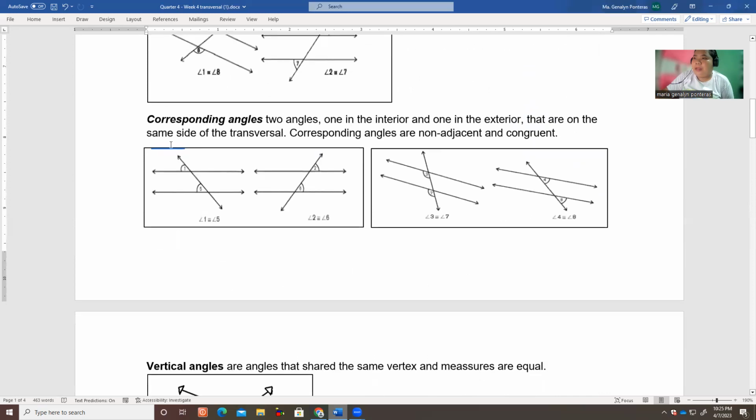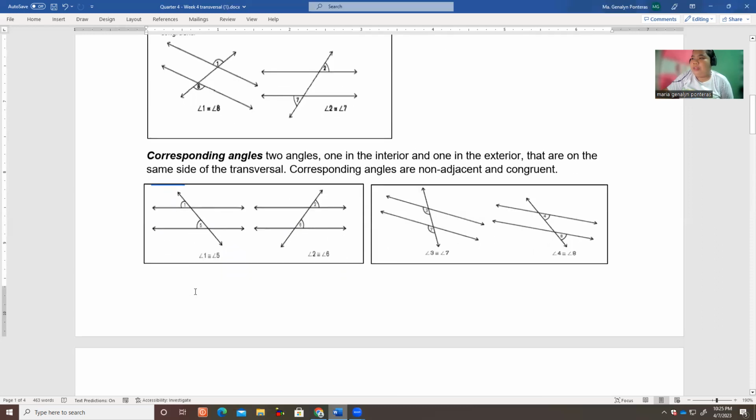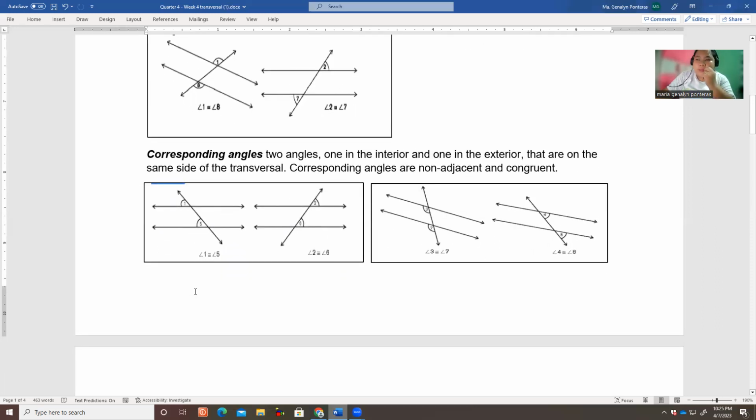For the corresponding angles, these are the two angles where one is interior and one exterior. So these are the angles that can be found on the same side of the transversal, meaning same side sa left o same side sa right.